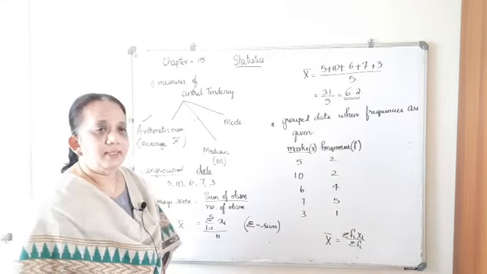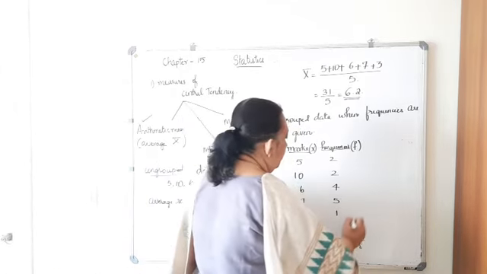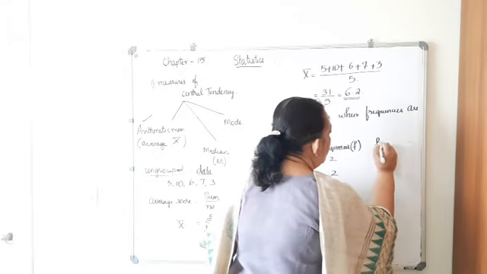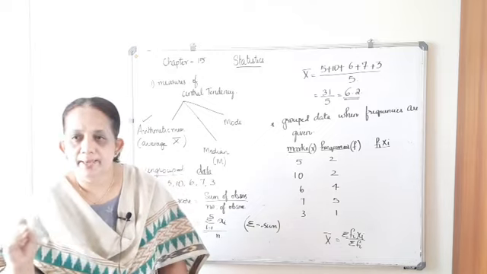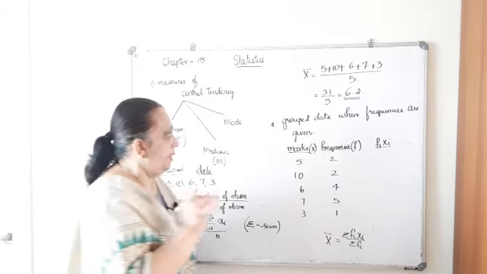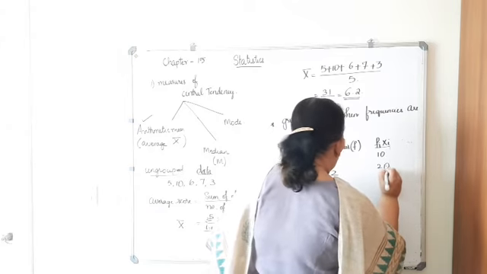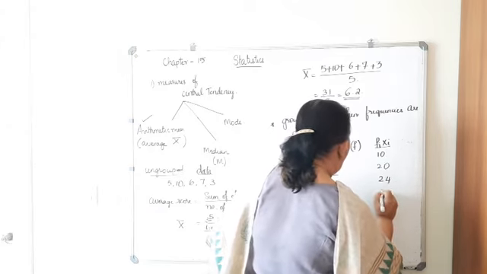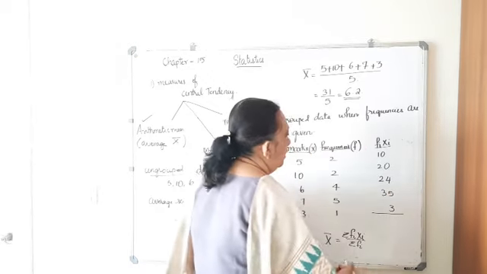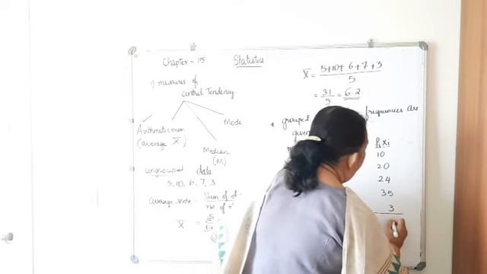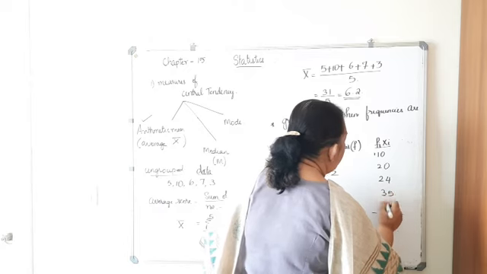Sigma fi xi means you multiply fi into xi and find the sum. 5 into 2 is 10, 10 into 2 is 20, 6 into 4 is 24, 7 into 5 is 35, 3 into 1 is 3. Add: 9 plus 3, 12.